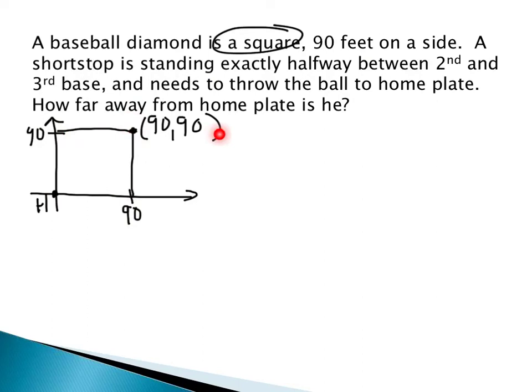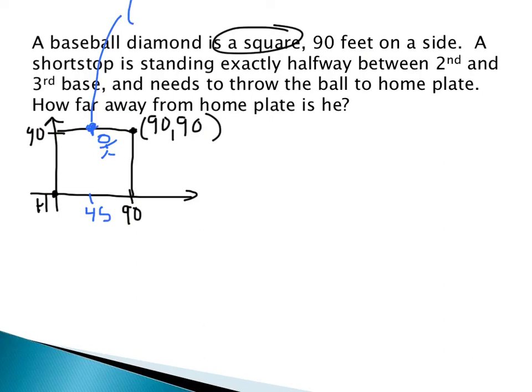Now standing halfway between second and third is the shortstop. And he's exactly halfway, so we know that the point that he is standing at is going to be what's halfway between 0 and 90, 45.